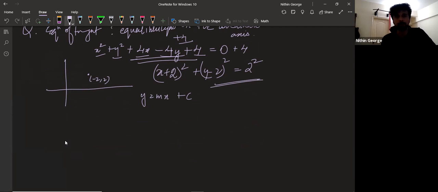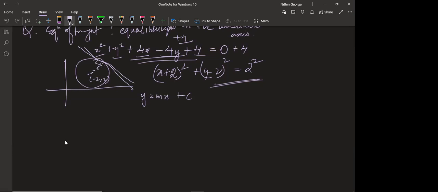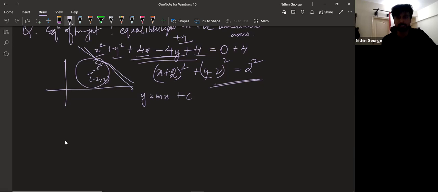First, I notice that the center is minus 2 comma 2, and it should be 2 units away from the line, right? It's a tangent. So the perpendicular distance from this will be equal to the radius. If it's lesser than radius, what happens? It becomes a chord. If it's greater than radius, they do not intersect.